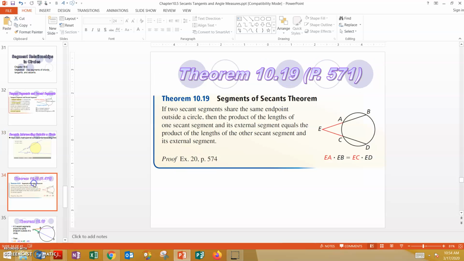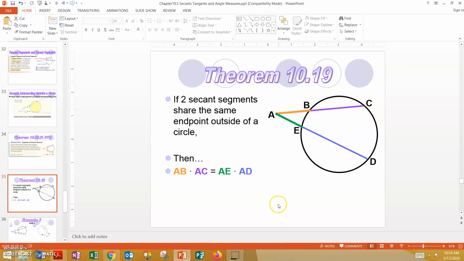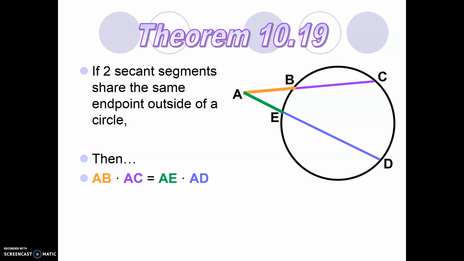And that brings us here to the segments of secants theorem. I am going to give you the simplified version that is color-coded, and if you want to read it, it's in your textbook.